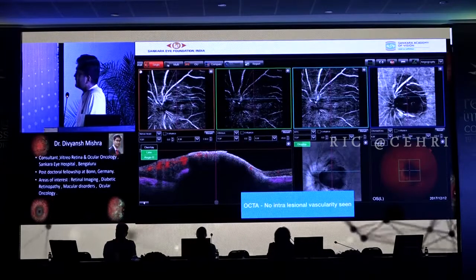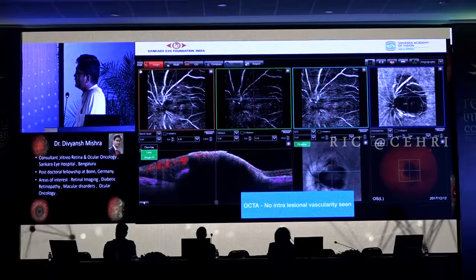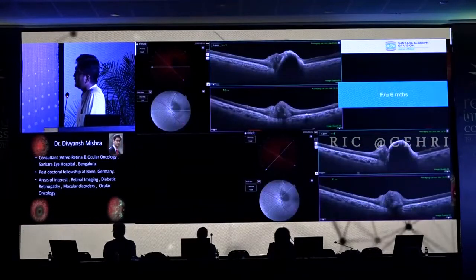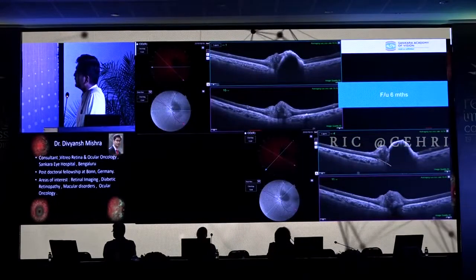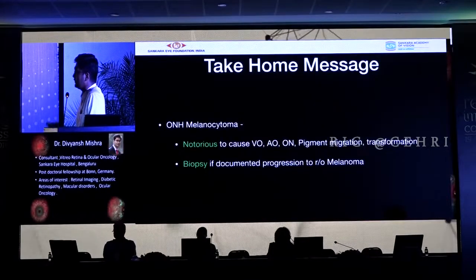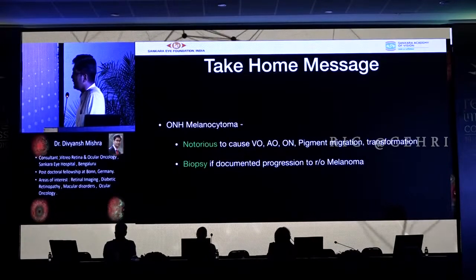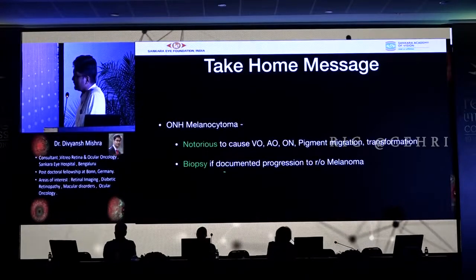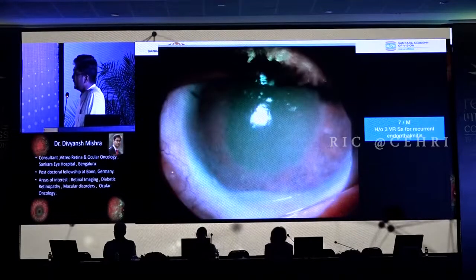If we see any blood vessels, then there are very high chances that this may be a melanoma or a transformation into a melanoma. This is the follow-up after 6 months, where we can see the pigment is still there, not further progressing. Optic nerve head melanocytomas are notorious for causing vein occlusions, arterial occlusions, optic neuritis, secondary optic neuritis, or pigment migration, and yes, rarely transformation, where a biopsy may be helpful.